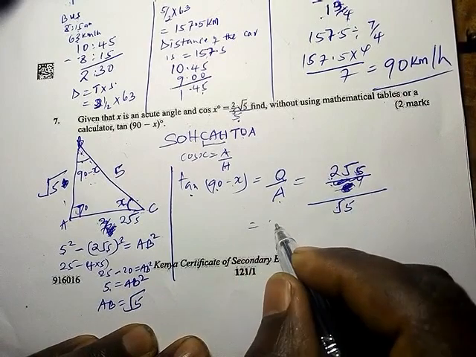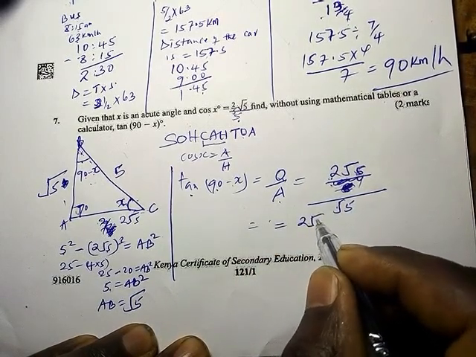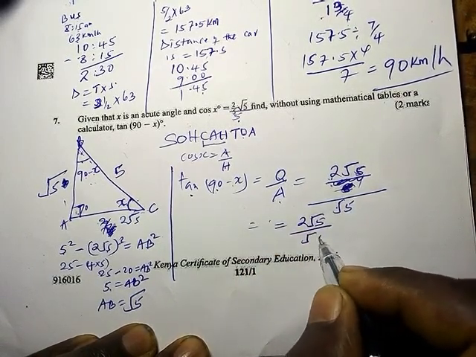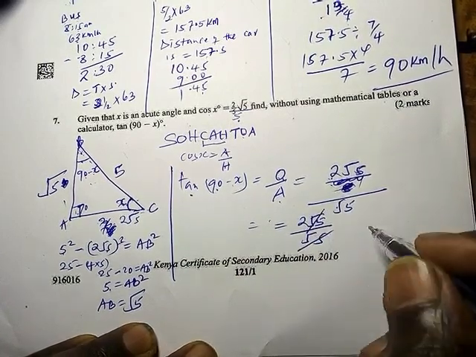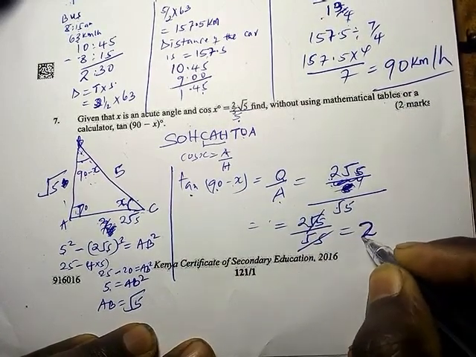So this is equal to 2 root 5 divided by root 5. Root 5 and root 5 cancel out, and the answer is going to be 2.